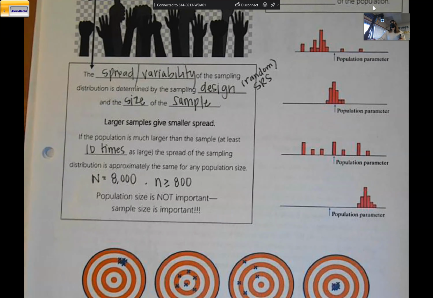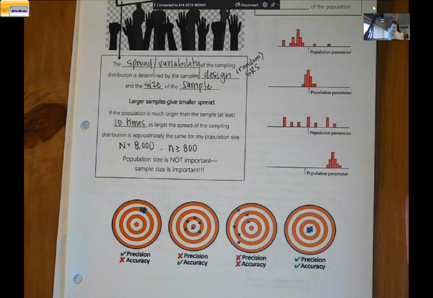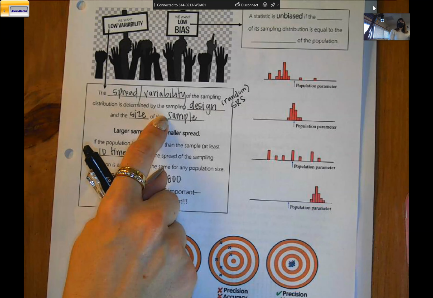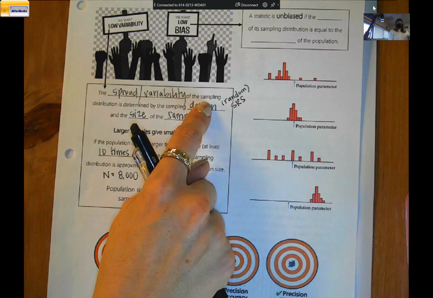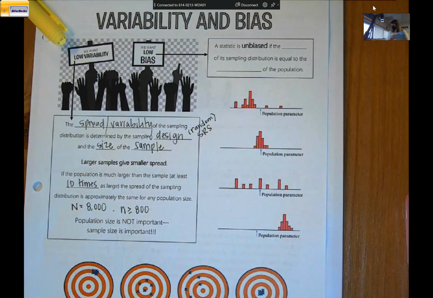We want to think of that normal curve, and we want it centered around the true value as closely as possible. How we get that is a large sample size, and your sample has to be random. Now, for bias, this one is a little bit more complicated. The only way that you can reduce bias is by your sampling method.